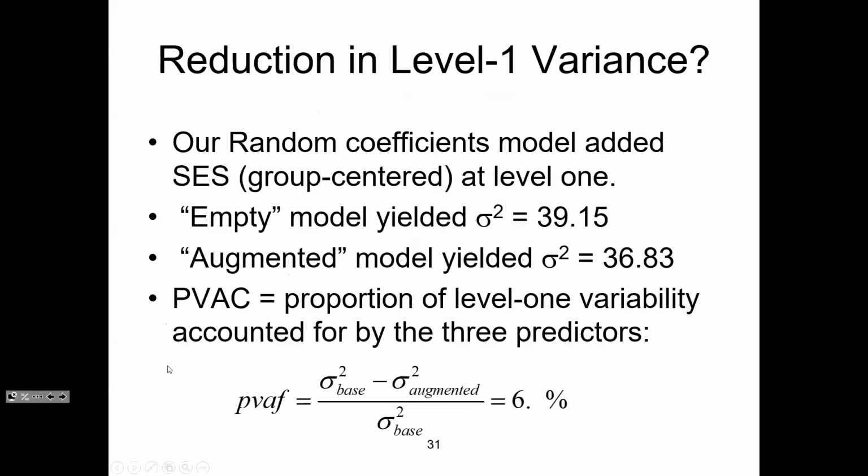In the new model, where we added SES group mean centered, the sigma squared was 36.83. I take 39.15 minus 36.83, divide that by 39.15, and I get the proportion of level 1 variance that's accounted for by SES. It turns out to be about 6%. So about 6% of the variance is accounted for by SES.